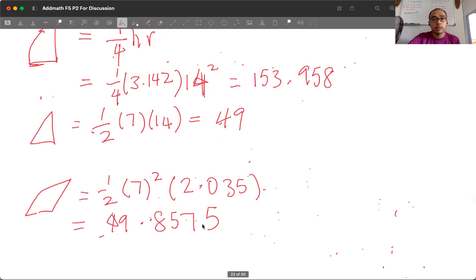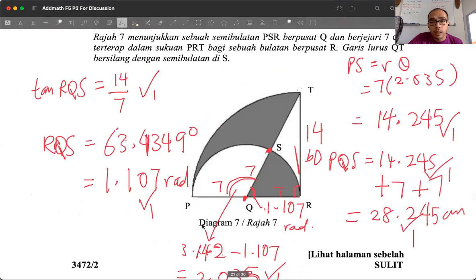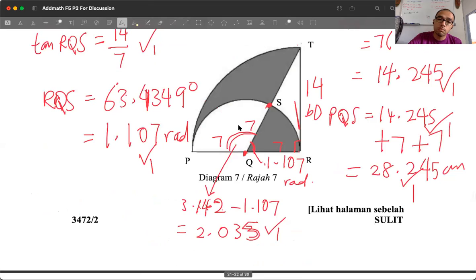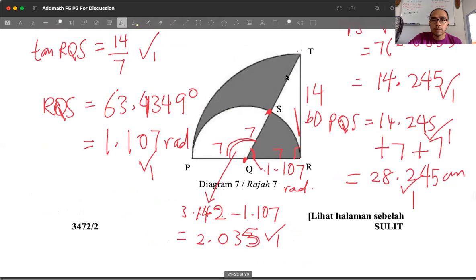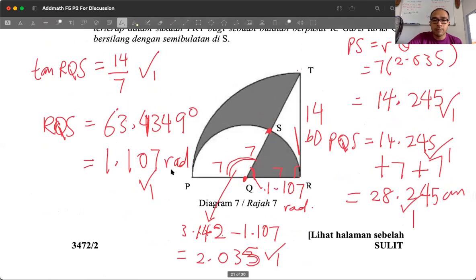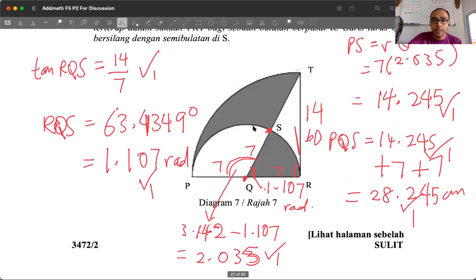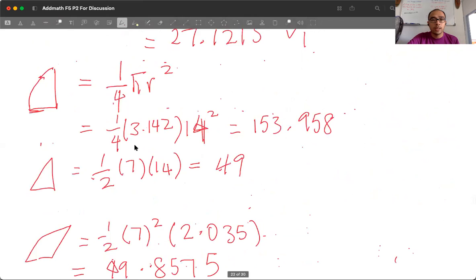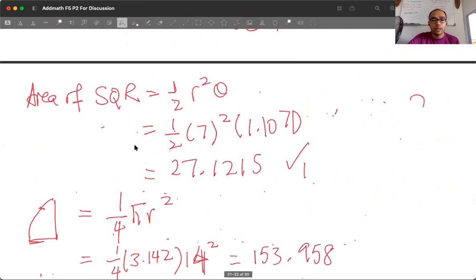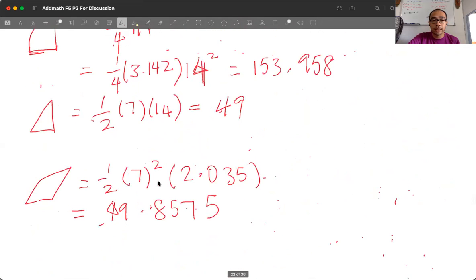We should count this now. Yeah, I think that should be it. This one, TSP. The TSP will be the big quadrant minus this.